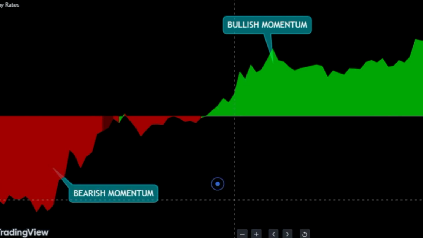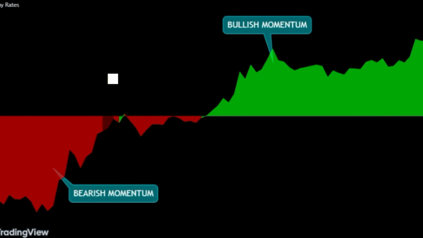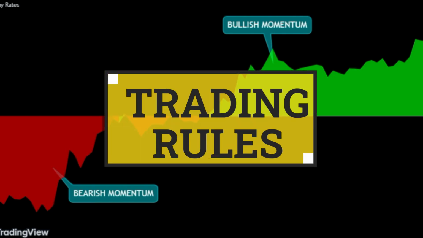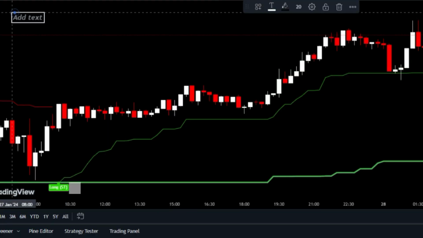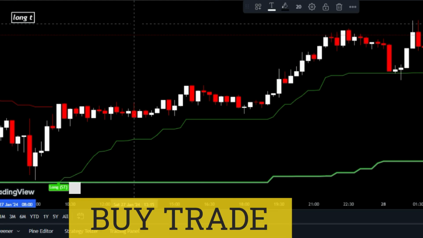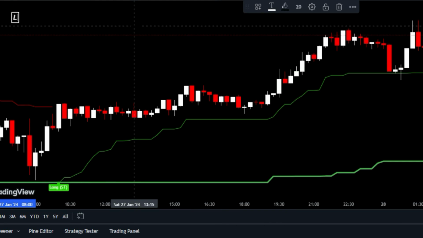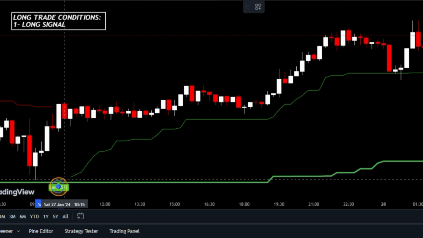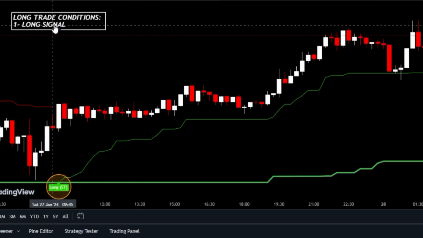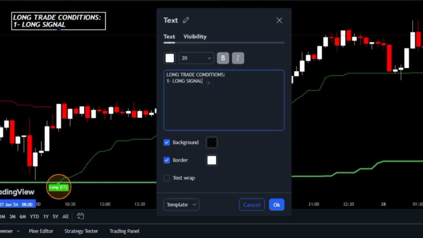And if you're looking to put this strategy into action for your trades, there are some crucial rules to bear in mind. When considering a long trade, the first step is to confirm that the Super Trend X4 indicator has given a long signal. Next, you need to verify that the market trend is indeed moving upward.